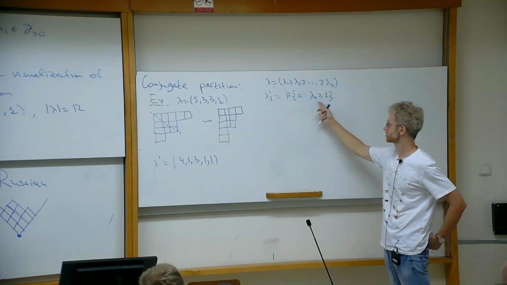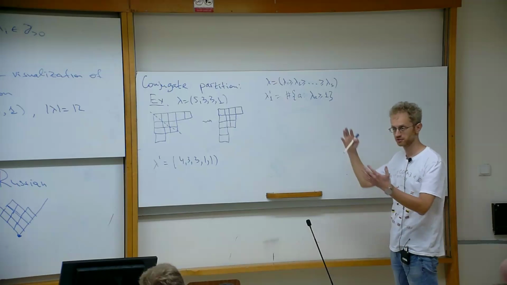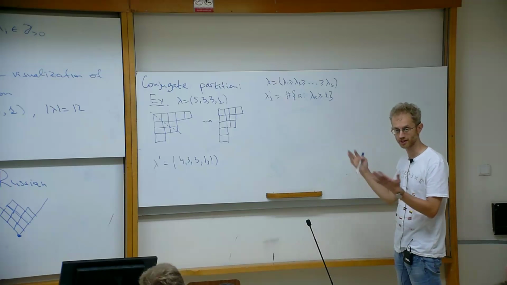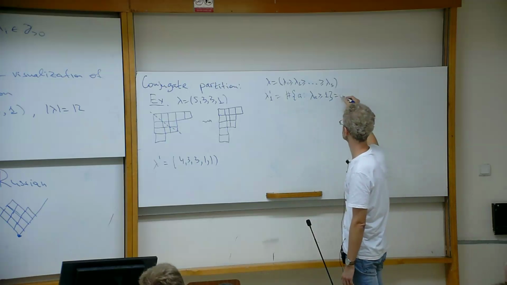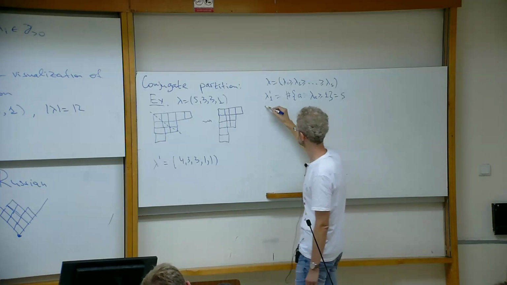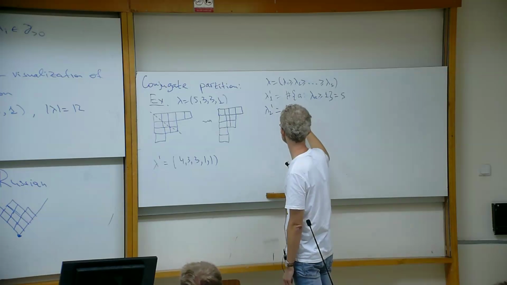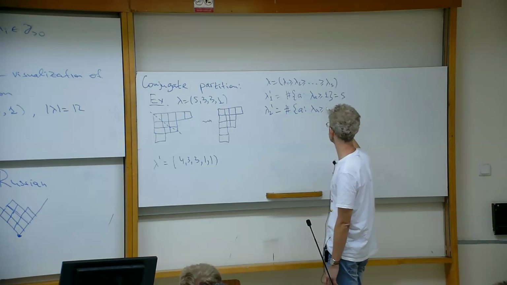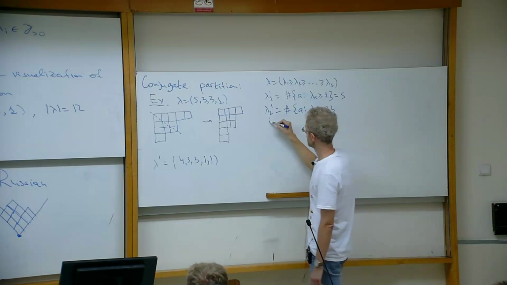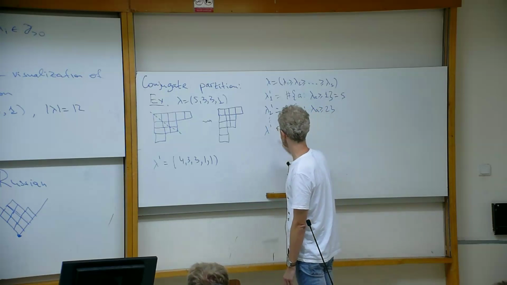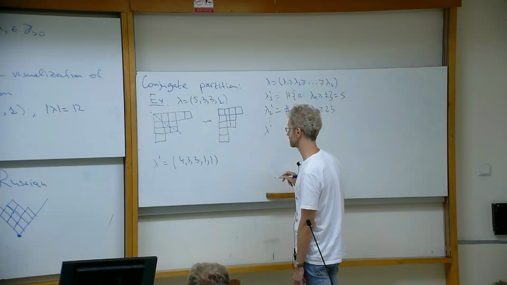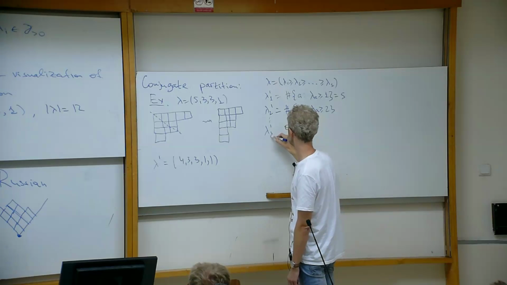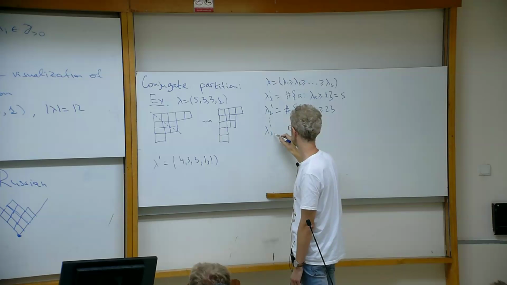Well, clearly, this is just the number of elements in your partition, just the length of your partition. So this is nothing but s. And then you do lambda 2 prime, which is the number of a's such that lambda a is greater or equal than 2, and up to lambda prime, the largest one, which is lambda 1.